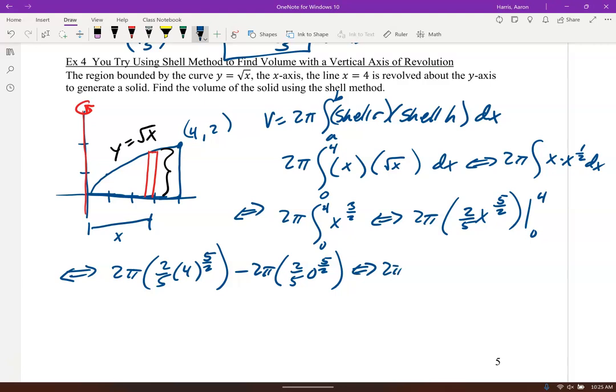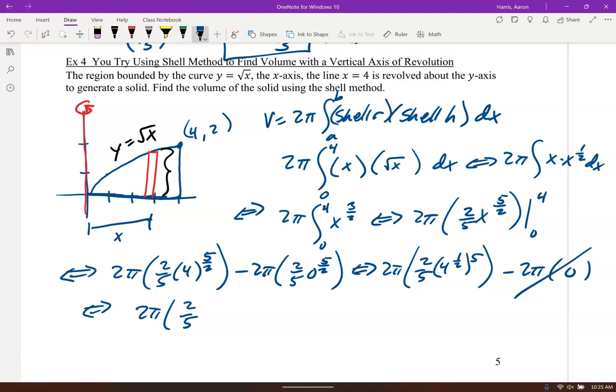So that's 2 pi, 2/5. I'm going to write that. That's square root of 4 to the 5th. You see that 4 to the 5/2? That's just 0 over there, so that's gone. So we got 2 pi, I got 2/5. Square root of 4 is 2. 2 to the 5th is 32.